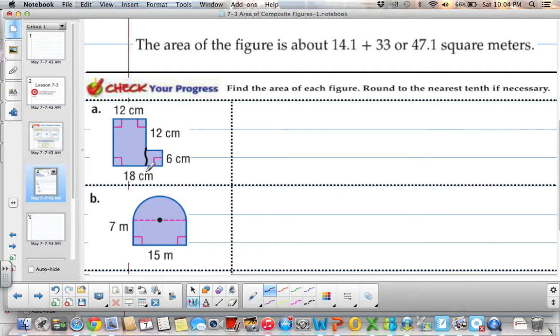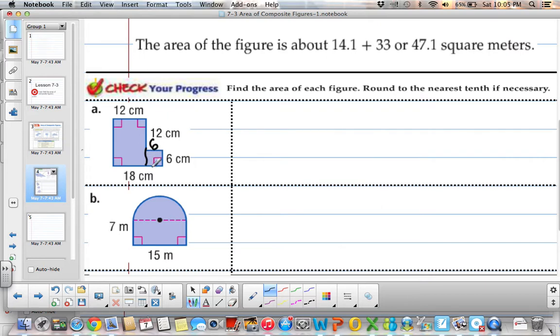Now I need to figure out my base and my height of my rectangle and then figure out the sides of my square. So I know that this whole line down here is 18 centimeters. This is 12. So 12 plus whatever this is needs to equal 18. So we know then that it's going to be 6.